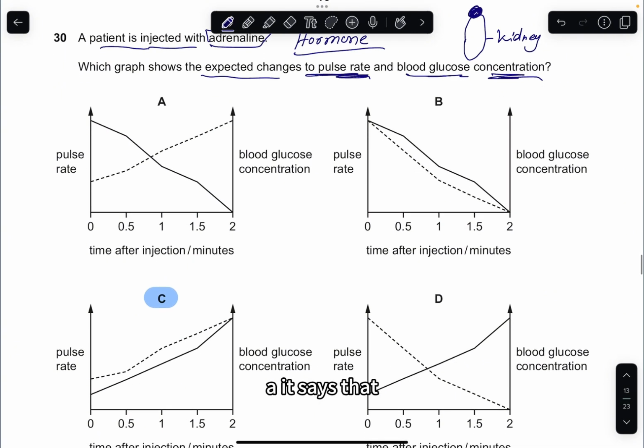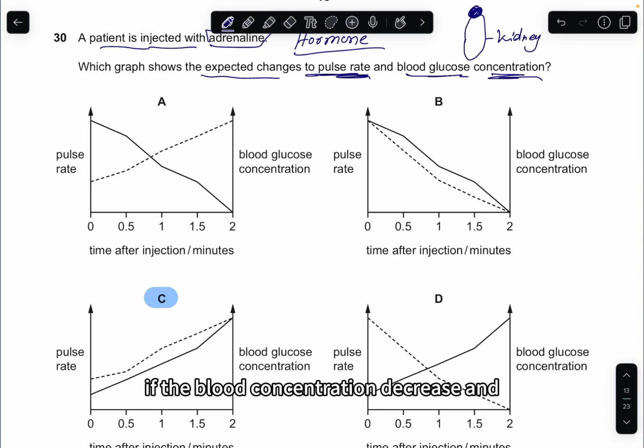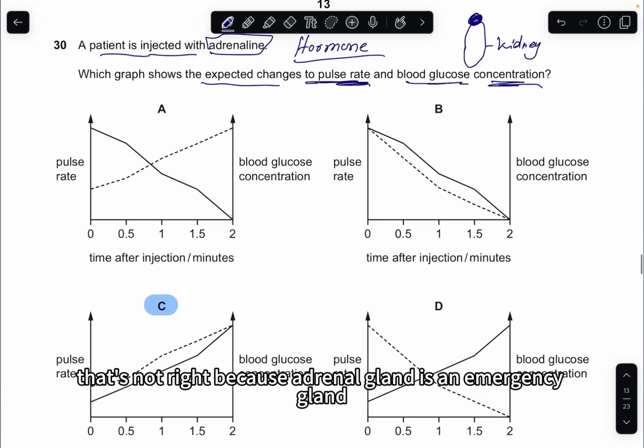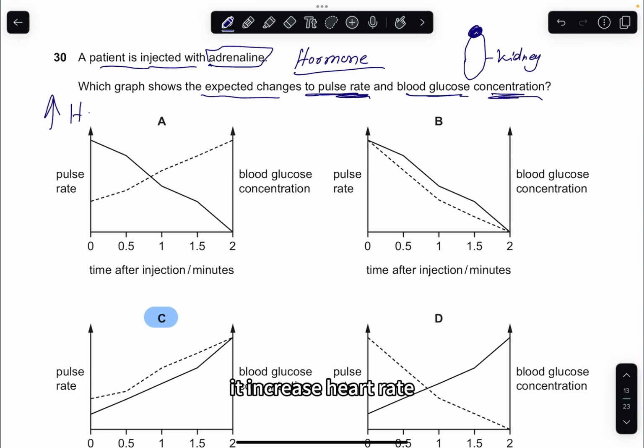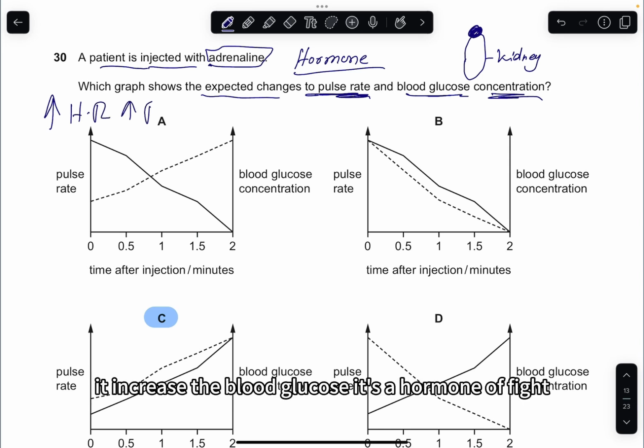So if you see A, it says that the blood glucose concentration decreases but the pulse rate increases, that's not right, because the adrenal gland is an emergency gland. It increases heart rate, it increases the blood glucose.